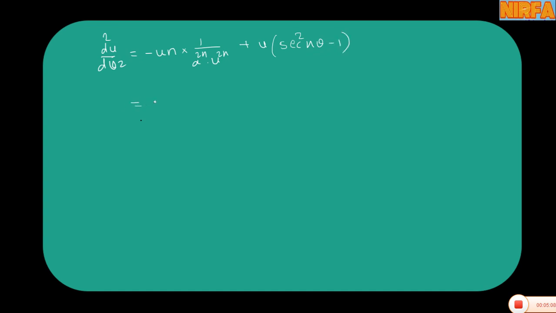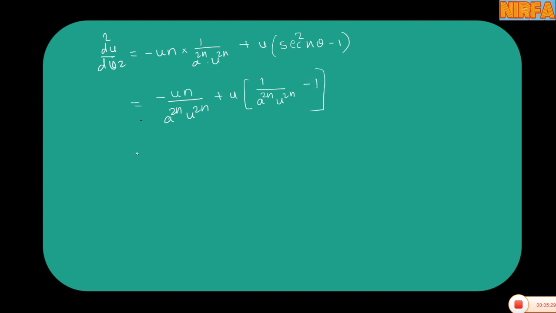So we can write this as minus un upon a raised to 2n u raised to 2n plus u times the value of sec square n theta, which is 1 upon a raised to 2n u raised to 2n, minus 1.